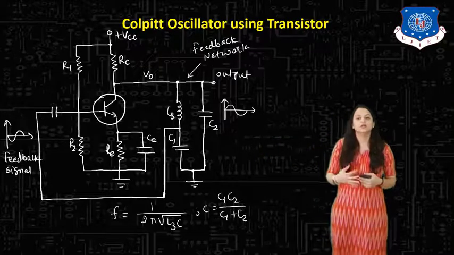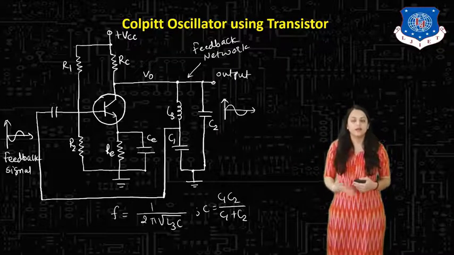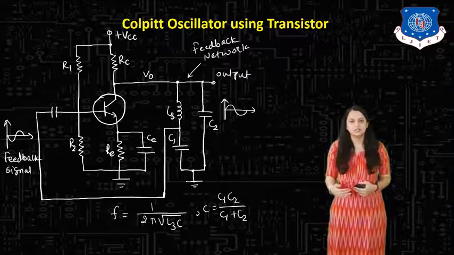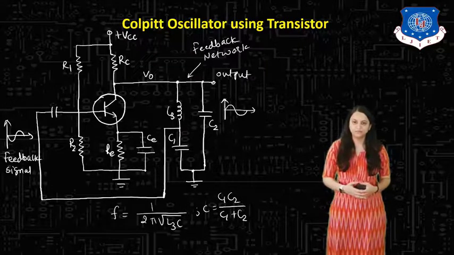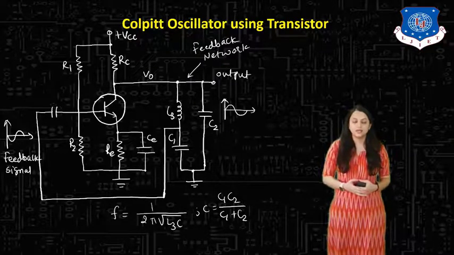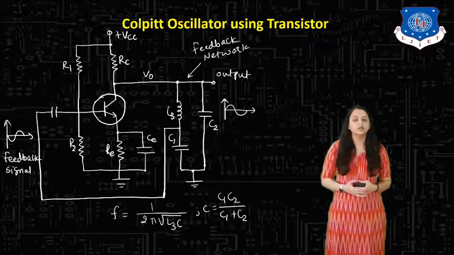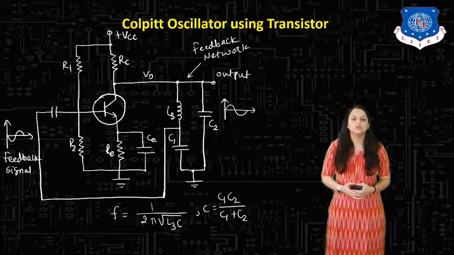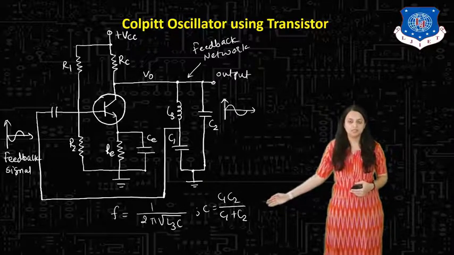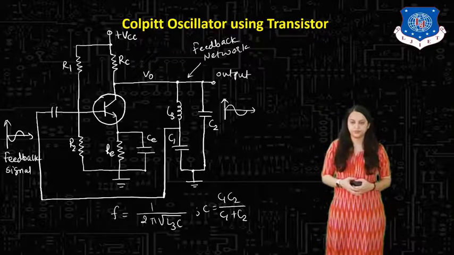This feedback network is connected to the transistor, where RC is the collector resistance, and RE and CE are the emitter resistance and emitter capacitance respectively. Here the frequency formula is given as f equals 1 by 2 pi under root of L3 C, because two capacitors are used, so the effective capacitance C equals C1 C2 upon C1 plus C2.